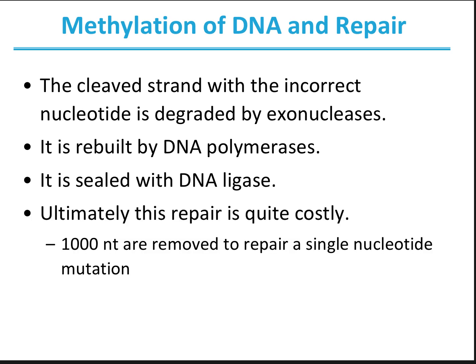Now, a thing to keep in mind is that ultimately this repair is quite costly. So for every single nucleotide mutation, when you correct one nucleotide, you degrade 1,000 nucleotides. So this is a lot of energy that the cell is expending to maintain that genomic integrity, and that really highlights or accentuates why this genomic integrity is so important.